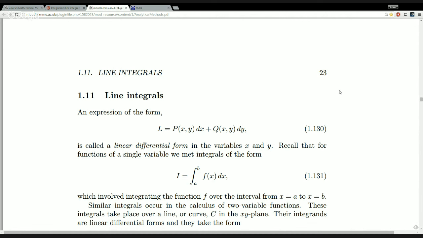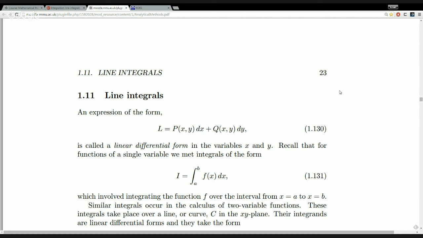We can perform some kind of integral, which we'll talk about in detail shortly, integrating over the curve C the function f of x, y. And we'll say a bit more about what kind of differentials are the options there in a moment. That's one kind of integral.